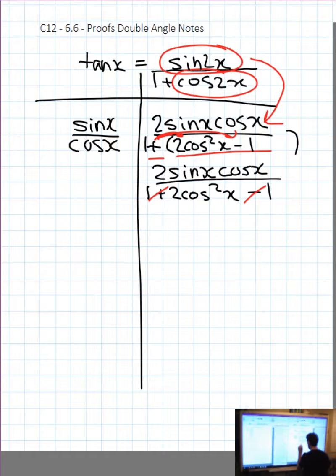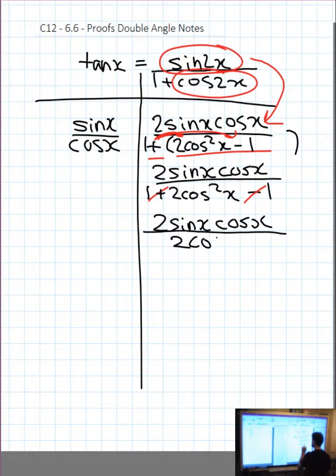So I'm going to skip a line again. 2 sine x cos x over now simply just 2 cos squared x, which is not to be confused with cos 2x. It looks like cos 2x. I'm going to make that exponent a little bit smaller, but it's difficult with such small fractions, and it's going to be difficult on mobile to see.